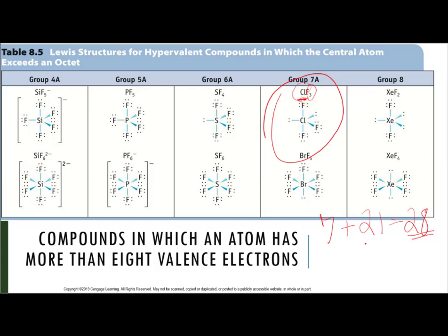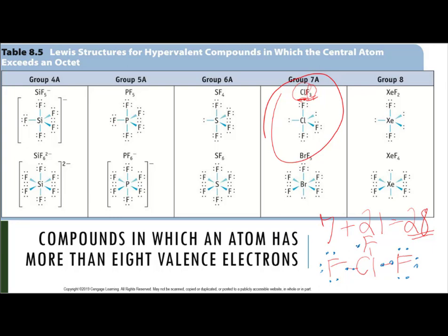Well, we're going to have our chlorine as the center, and we're going to have 3 fluorines around it. Now we know, of course, there's going to be a bond to each one of those, so that accounts for 6 electrons. Now we need to start plugging in pairs to get to 28. Fluorine is good with 8.